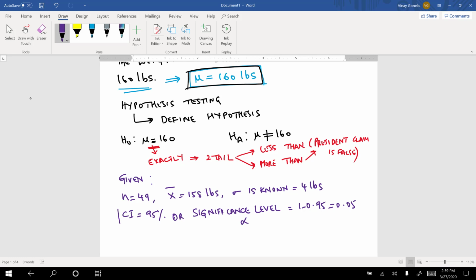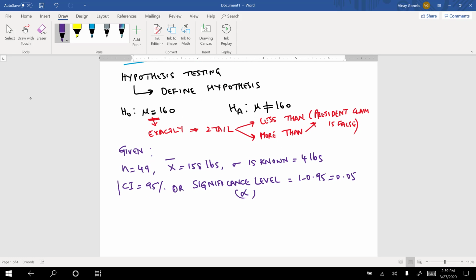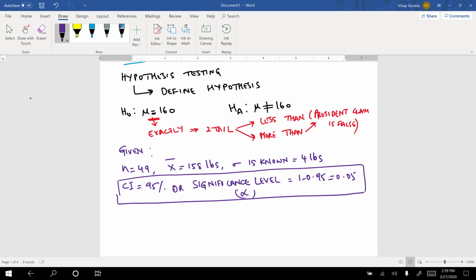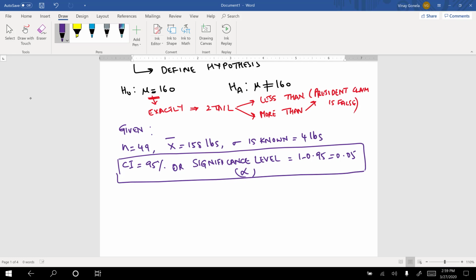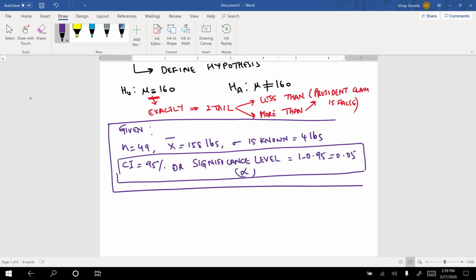So they will give you alpha. They can give you one of these. They will either give you the confidence level, or from now onwards they will give you a significance level of 0.05. So this all is given.